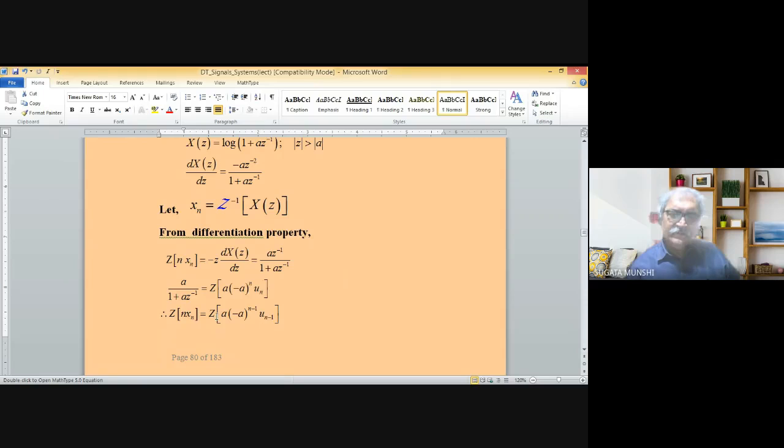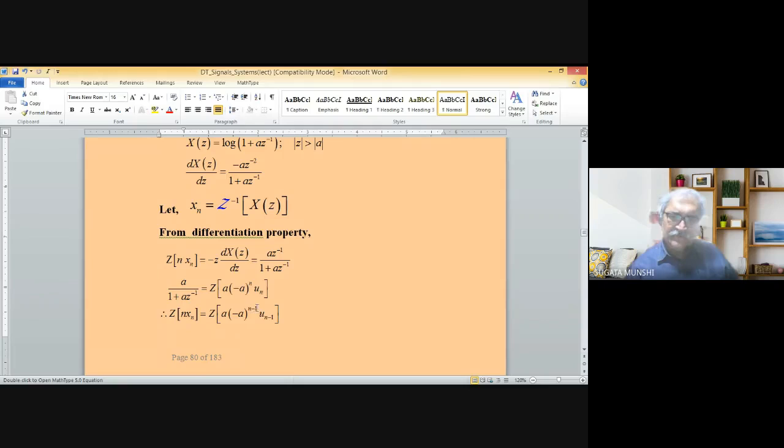Why did I write it? You have understood. This is Z of n x[n]. Simply a by 1 plus a z to the power minus 1 will be the z transform of a into minus a to the power n u[n]. You have the z to the power minus 1 term, so z transform of n x[n] will be, instead of n, you have to write n minus 1.